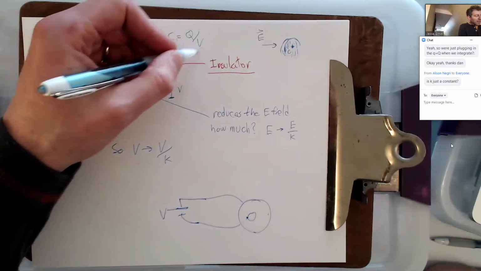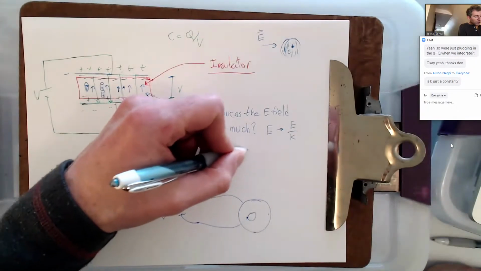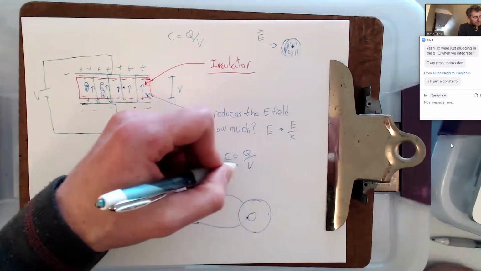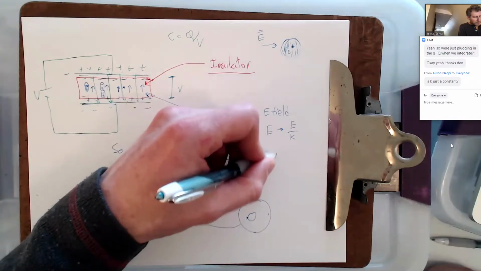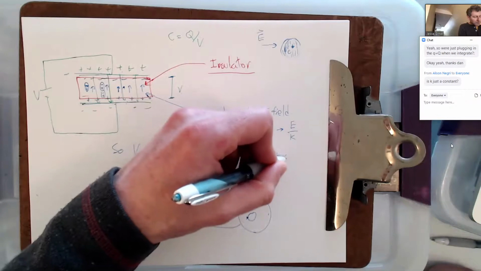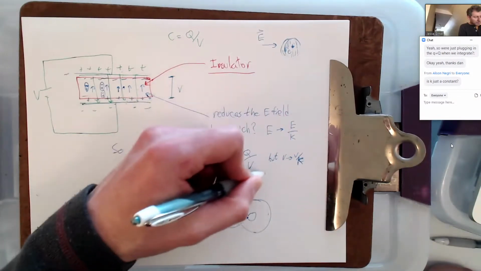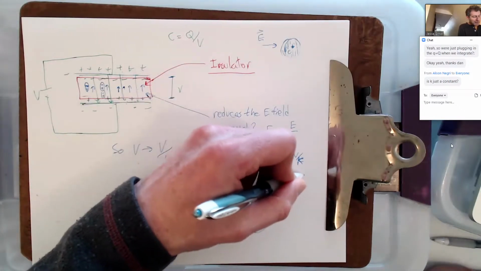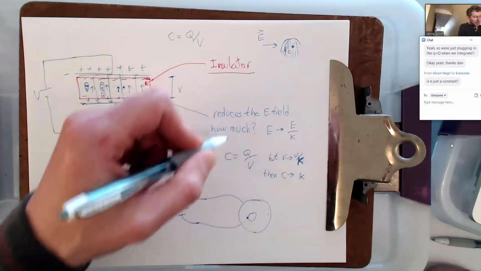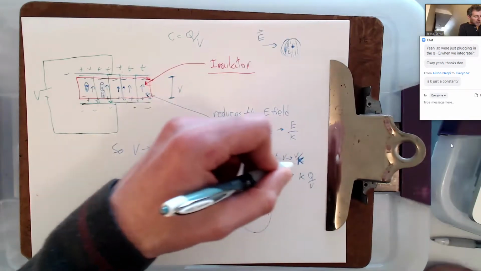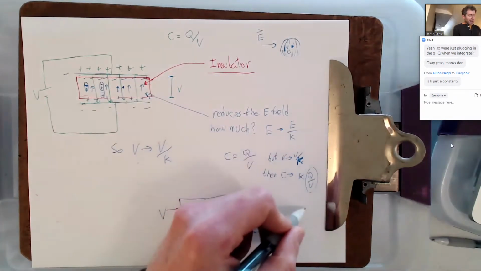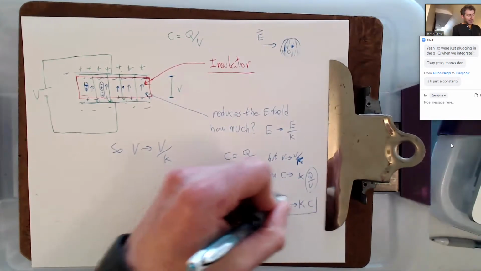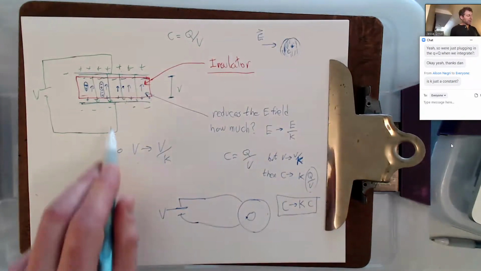If V goes to V over K, then C goes to K times Q over V, and this was the original capacitance. So C goes to K times C. The capacitance goes up by a factor of K.